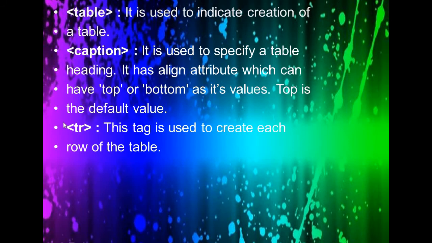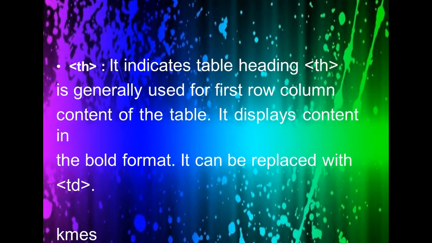Then the tr tag. This tag is used to create each row of the table. Then th. It indicates the table heading. th is generally used for the first row's column content of the table.